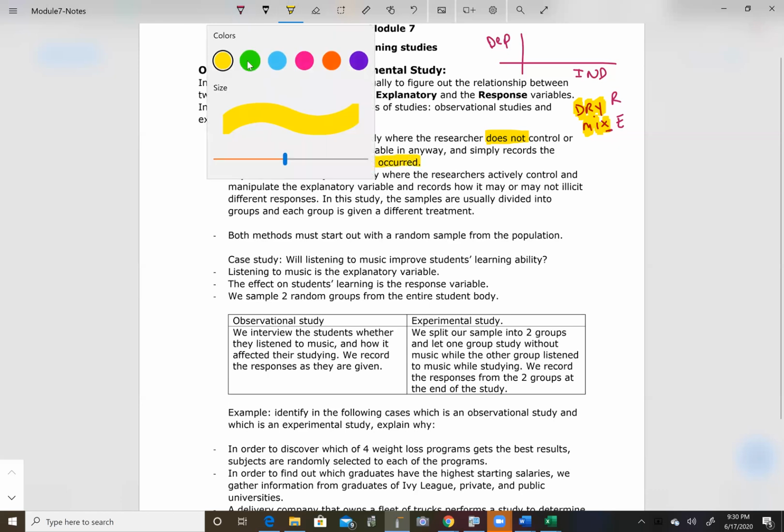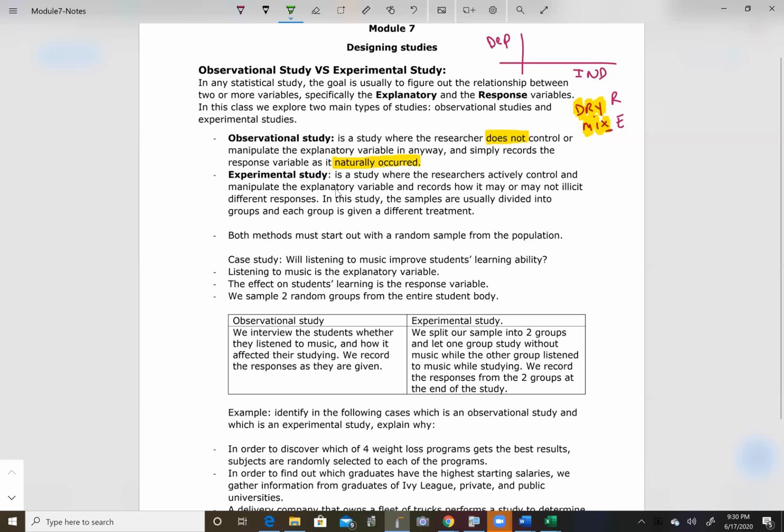And an experiment is where the researchers actively control and manipulate the explanatory variable and record how it may or may not elicit different responses.